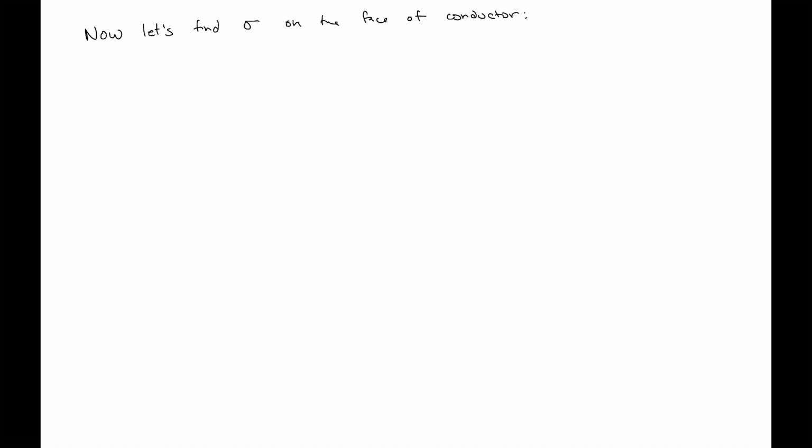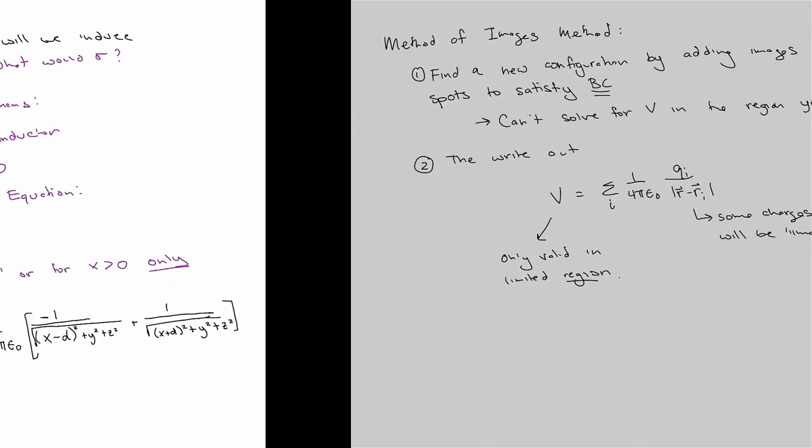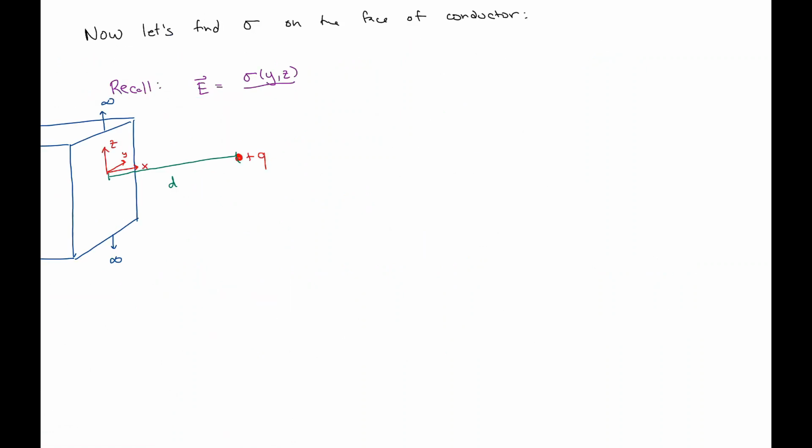In order to do this, we're going to recall that the electric field just on the outside of a conductor is going to be equal to, and now we're worried about the plane, let me go back to the picture here, along this plane here, that's the yz plane, that's where we want to solve the surface charge.